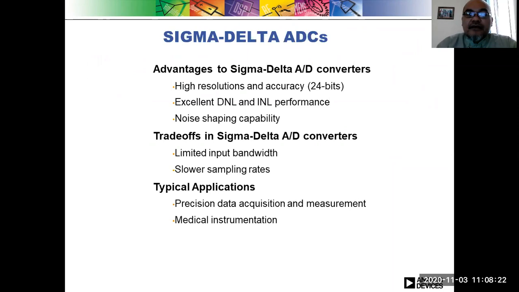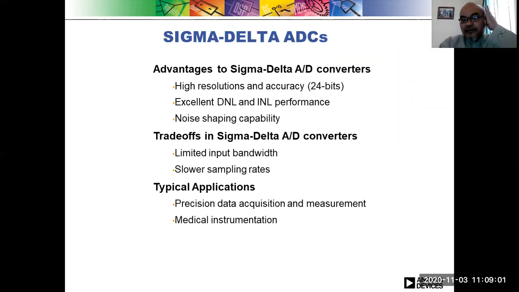The trade-off, however, is that it has limited input bandwidth, so you cannot put in a signal which is too high in bandwidth, for example imaging. Especially high-speed, continuous imaging requires two-dimensional, very big data, and very fast image frames.